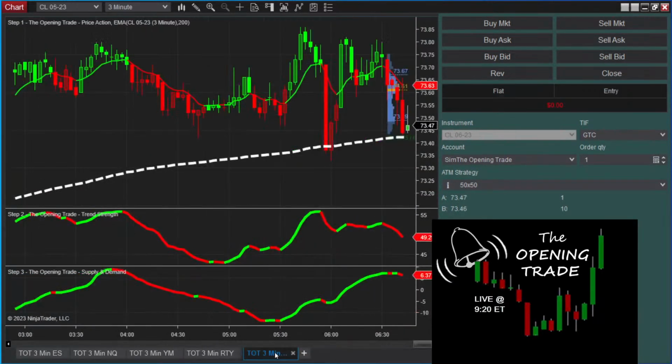Here's the Russell, with crude oil very close to the 200 period EMA.